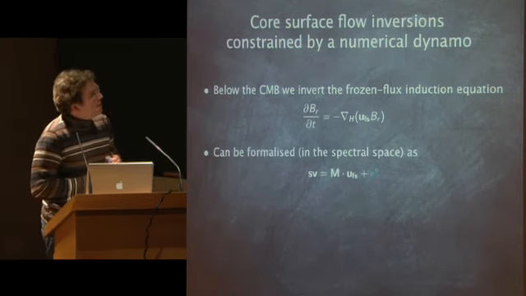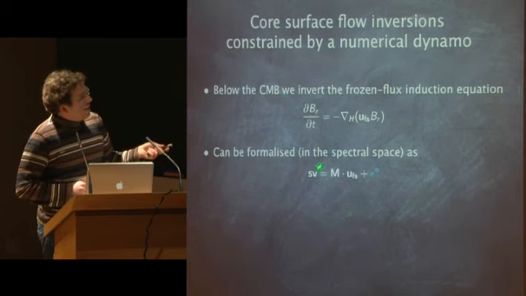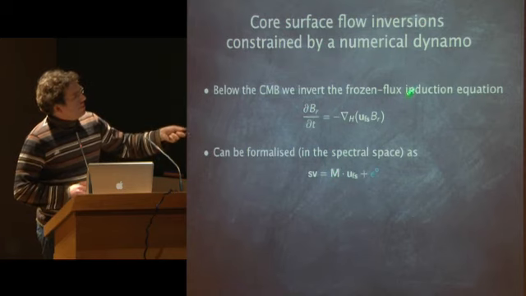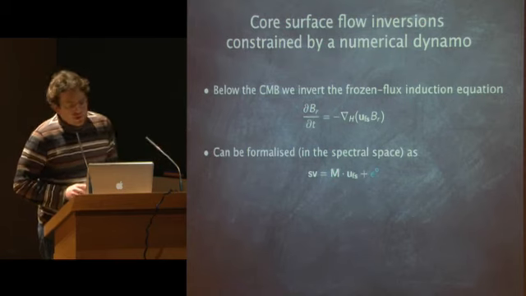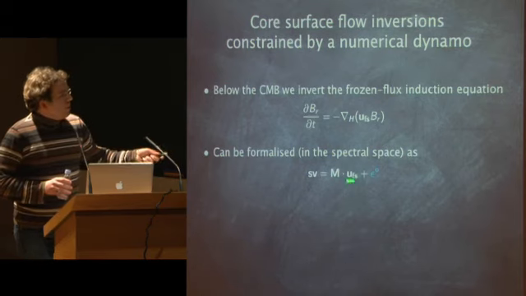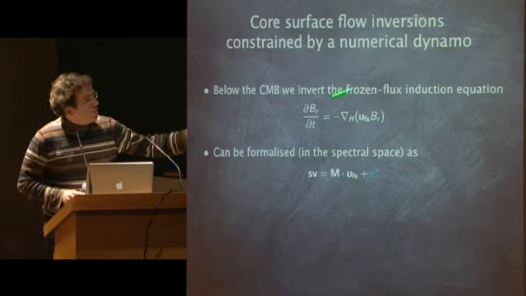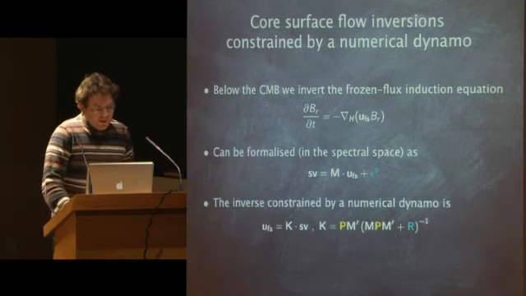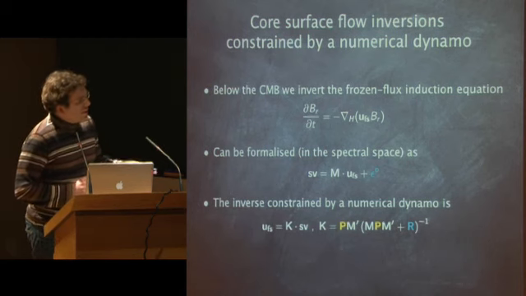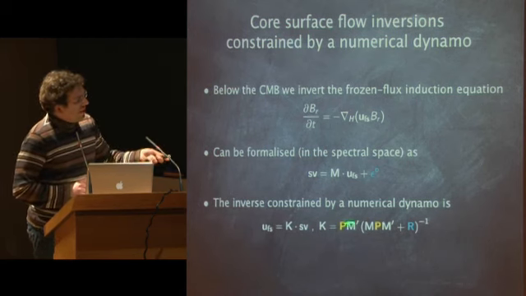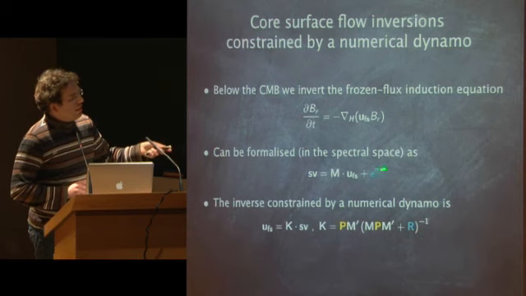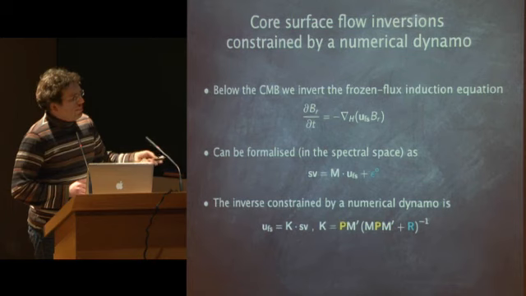So this can be formalized in the spectral space like this, with a SV vector, this one, a model matrix which contains the BR coefficients and triple spherical harmonic products, and UFS. And there is also some error because this representation of what happens at the core surface is not perfect. The inverse constrained by a numerical dynamo is a least squares inverse that is written here, where you find again the covariance matrix P, the error covariance matrix R, which directly relates to this error, and the model vector.